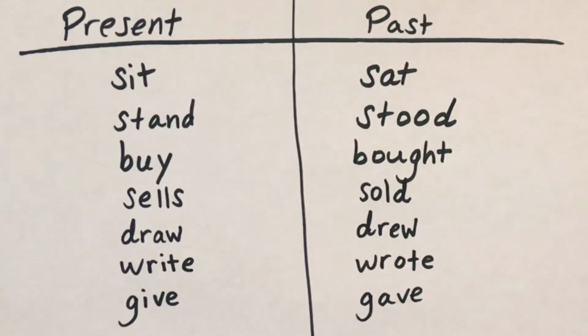In the bottom left-hand corner, you'll see the present tense form of the verb that I use in each sentence. After about 10 seconds, I will reread the sentence, putting the verb into the past tense, and the verb that you see in the bottom left-hand corner of the screen will change to show the past tense form of the verb. I hope that you enjoy the video and that you're able to identify some of the past tense verbs, and if you didn't know them already, you'll learn them. Good luck.